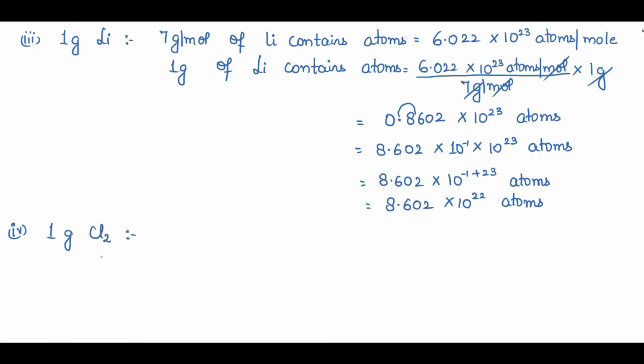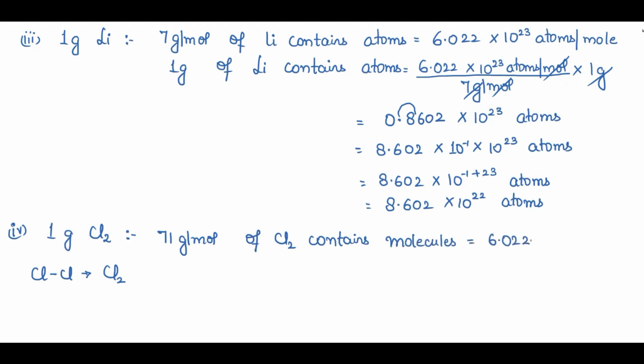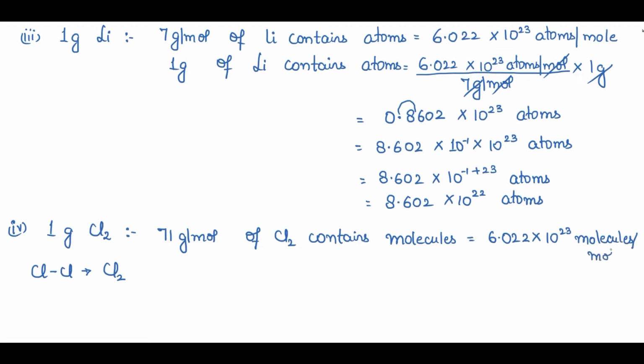Now here if you see, we are having a molecule, that means two atoms are combined and they are forming a molecule. Okay, you can write 71 gram per mole, because we have to take the molecular mass of this molecule, right, of chlorine contains molecules, not atoms, molecules equal to Avogadro number of molecules, 6.022 into 10 raised to power 23 molecules per mole, right?